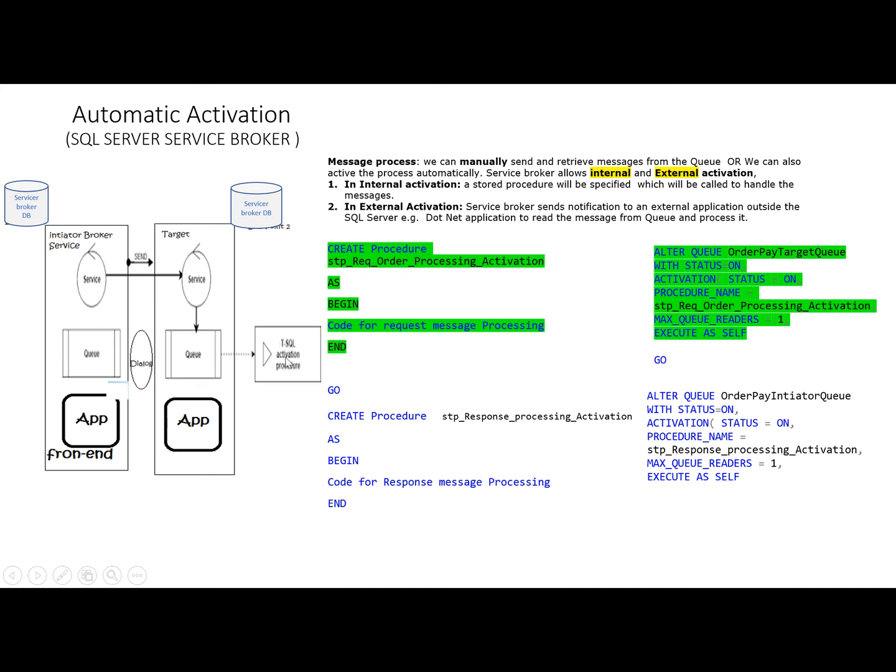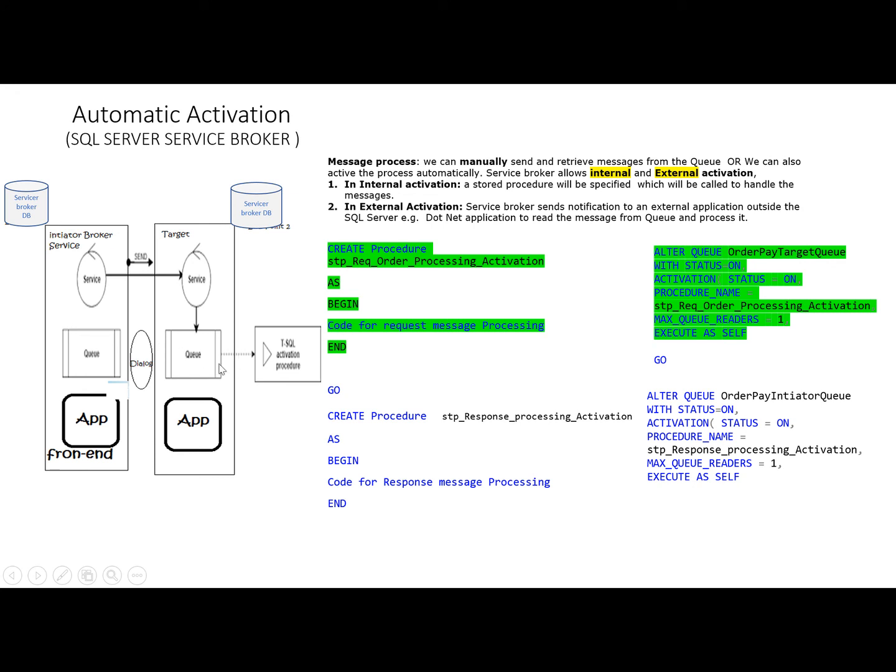The stored procedure has the logic to retrieve the message from the queue, process it, and send the response to the initiator service. When it sends the response, it will come into the initiator queue, and the initiator queue has automatic internal activation for the procedure which will retrieve the message from the queue and execute the code which will process the messages. Now all of this will be automatic.